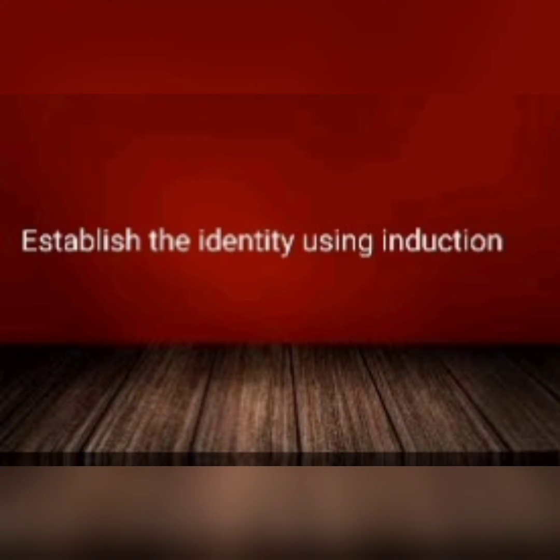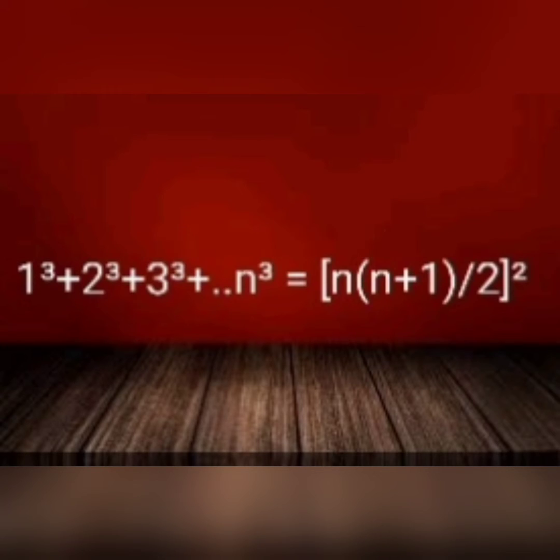Welcome guys. So let's establish the identity using induction. 1² plus 2² plus 3² up to n² is equal to n(n+1)/2, all to the power of 2.